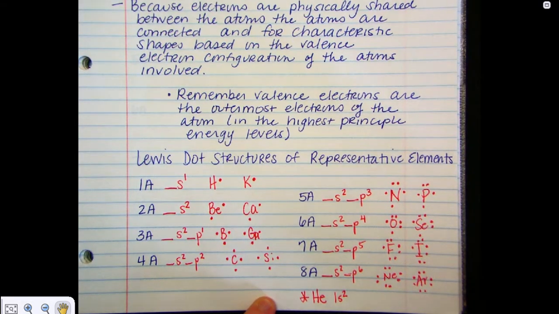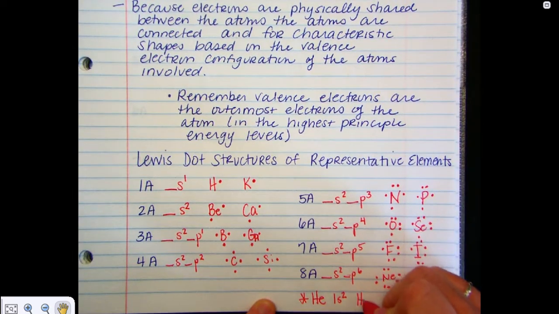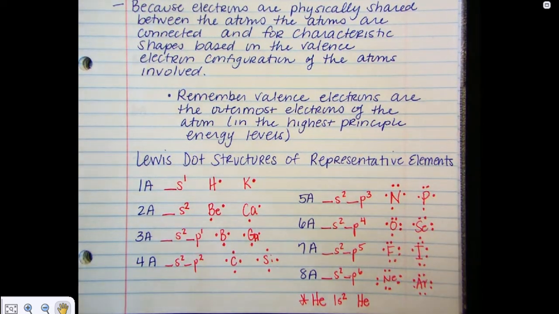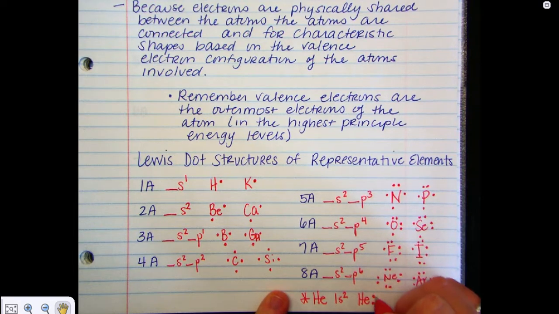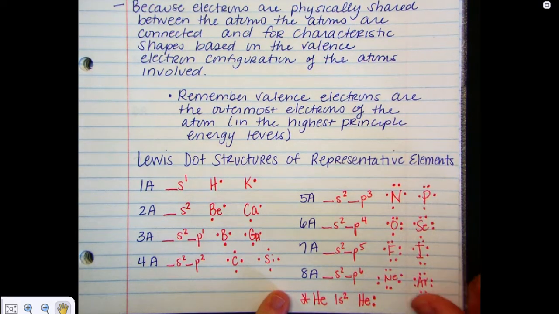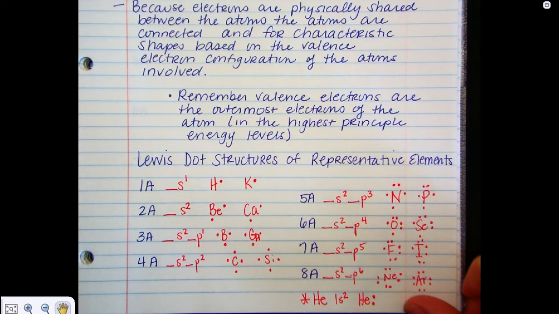Because it's 1s2 and there's no 1p, when I draw the Lewis dot diagram for helium, I can't spread out the dots, right? There's no extra places for there to go. There's no p for me to fill. So with helium, helium's the only exception where the dots have to go in paired, and a full shell for helium is 2 dots.